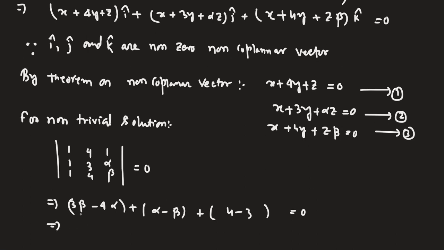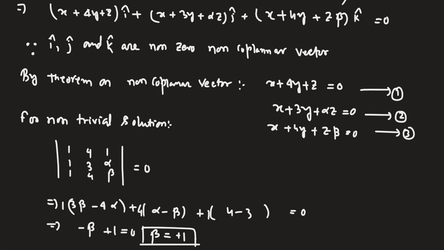So 3 beta minus 4 alpha, and here also you have minus 4 beta. So minus 4 beta plus 3 beta is minus beta. The 4 alpha and 4 alpha cancel out, and here you have 1. So that means beta is equal to minus 1, plus 1. We get the value of beta as 1.